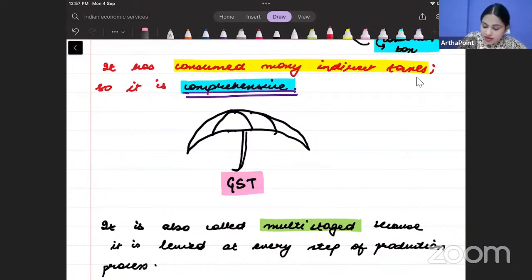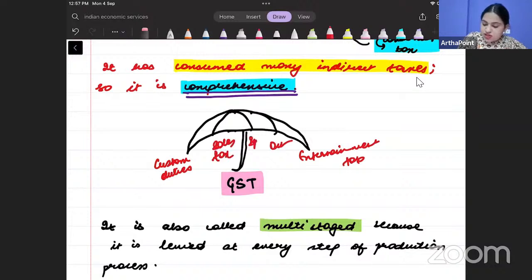So we had the custom duties. We had entertainment tax, octroi tax, sales tax, special sales tax. All these taxes, जो भी अलग-अलग taxes होते थे, we have brought them under one roof, and that is called GST. So, क्योंकि GST has made things comprehensive, it has brought things together. That is why it is called as a comprehensive tax.